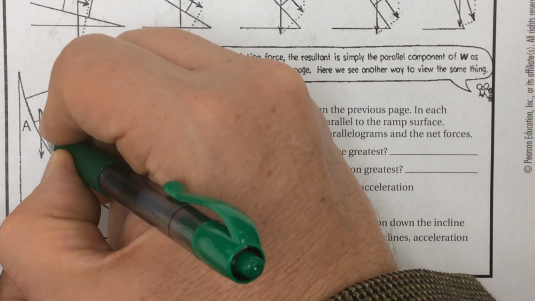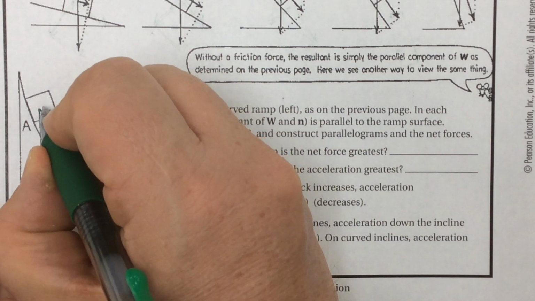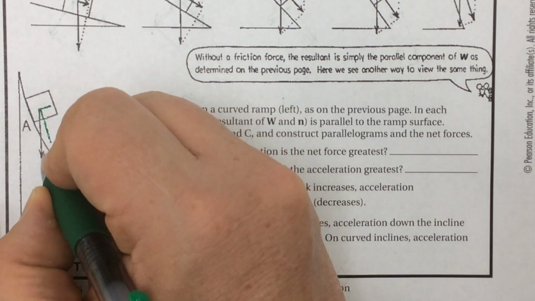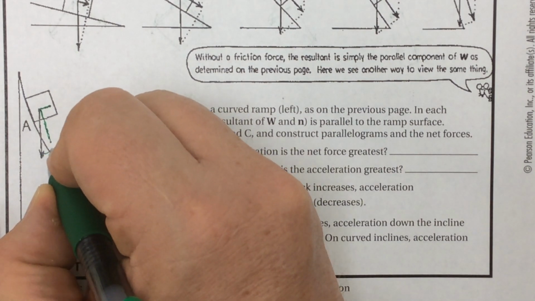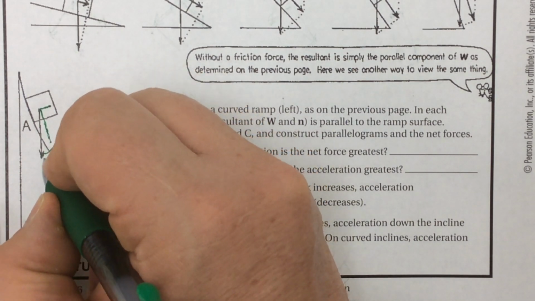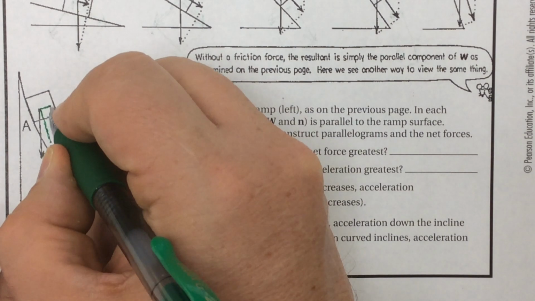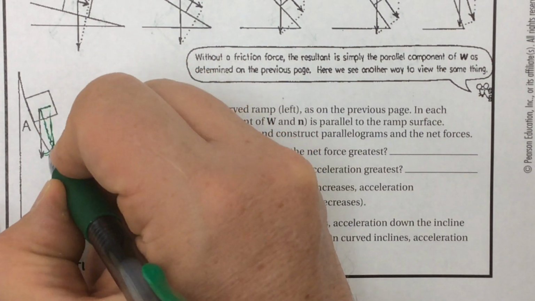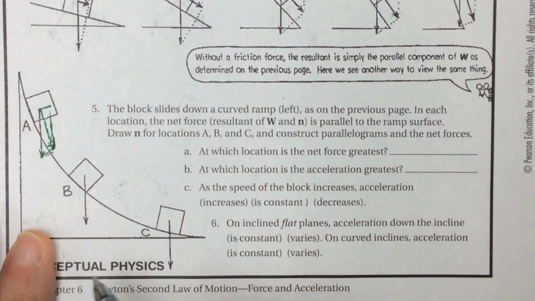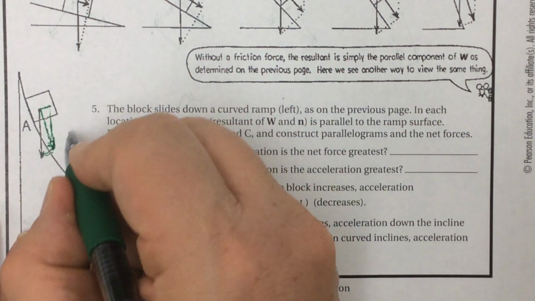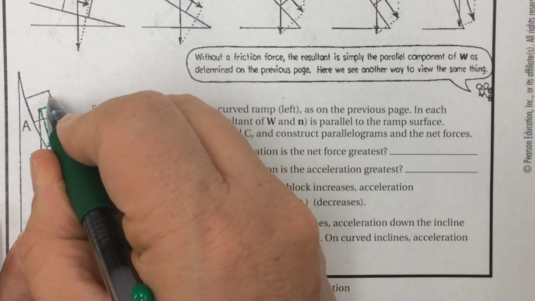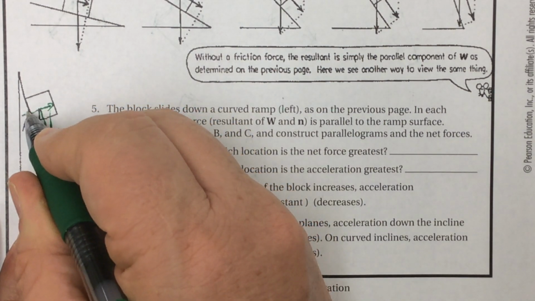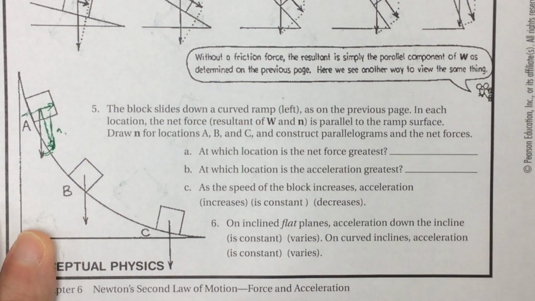That's the net force. And this is the normal force coming straight out. I want something similar to that. You can see that these two are parallel and these two are parallel. So you have a nice long net force here, the little N. This is the normal force coming out, and it's equal to the perpendicular component of weight.